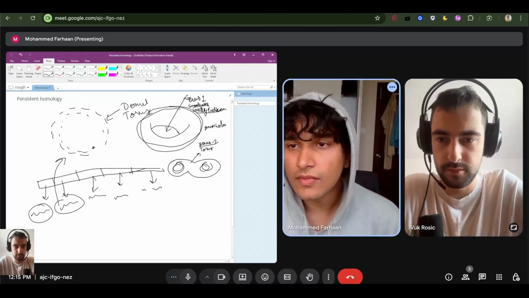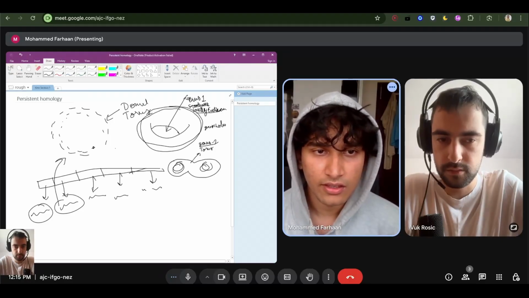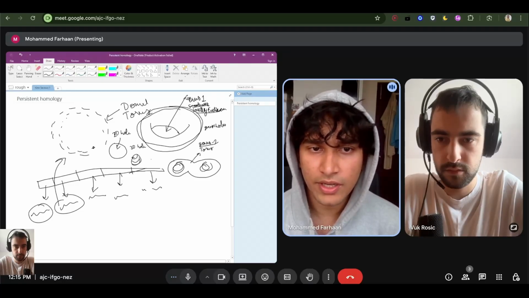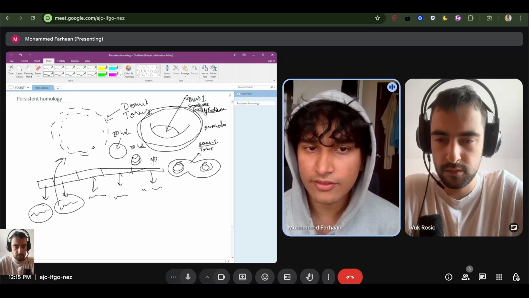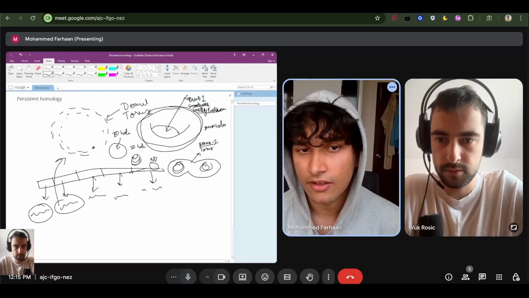When we go to higher spaces, a loop is a two-dimensional hole. A cavity is a three-dimensional hole. So as you go up in n dimensions, you have different notions of holes.